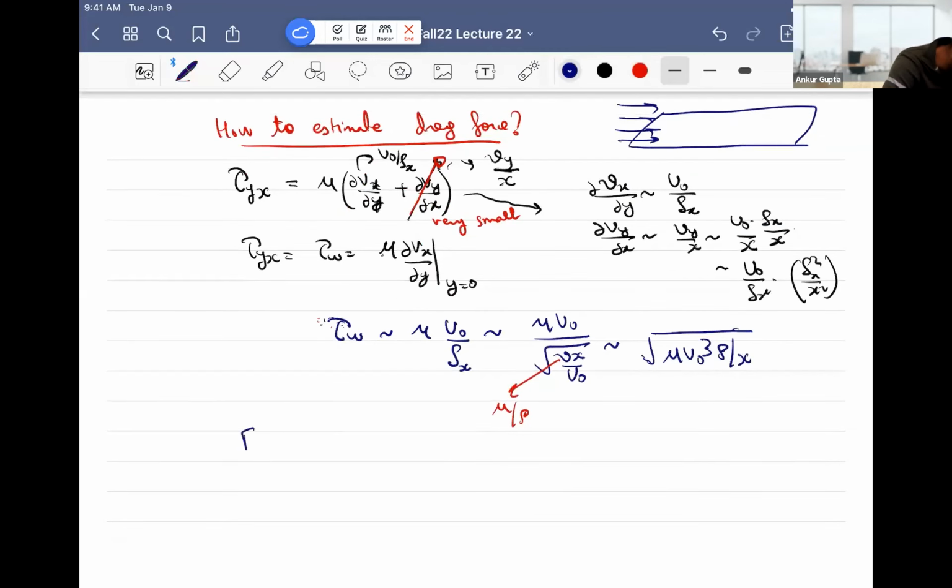Drag force, note, is for the full plate. This is not local anymore. This was a local result dependent on X, and now it is for the full plate. So there I will find it as tau W at a length scale of L times the area. And area should be the parallel area, which is length times W, where I'll define a W here.